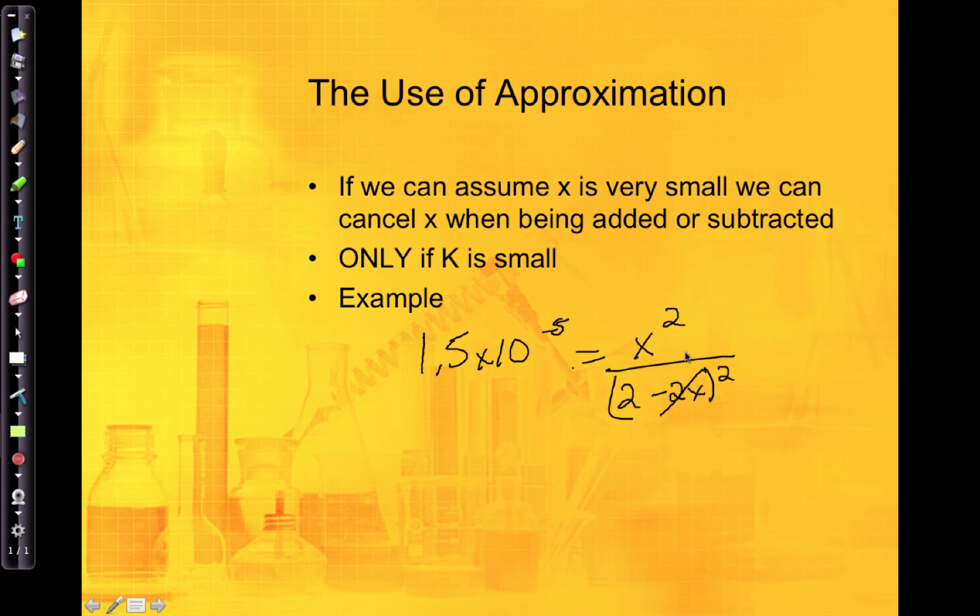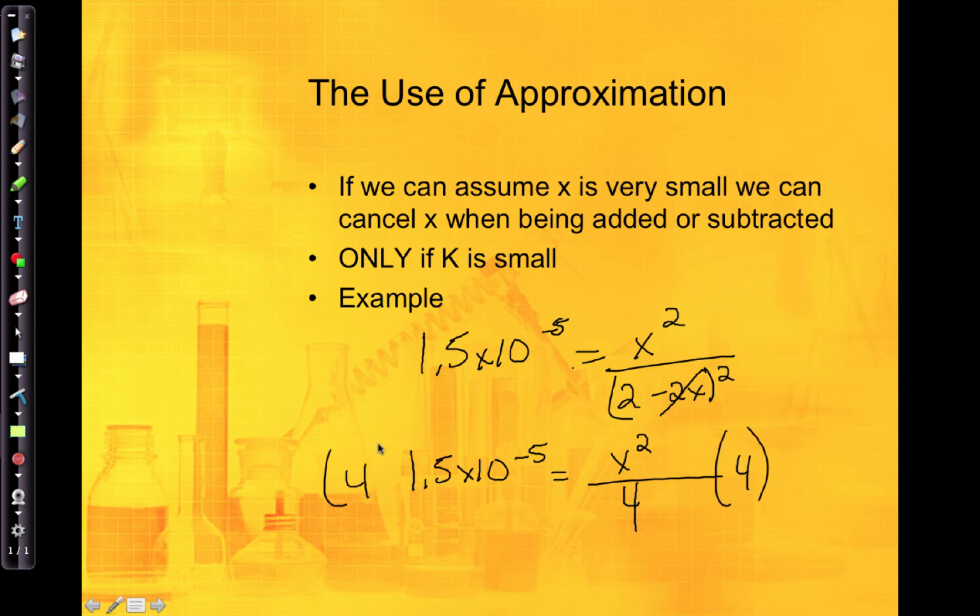If it's being multiplied, you cannot do this. All right, so at this point, it's 1.5 times 10 to the negative fifth is equal to x squared over 2 minus 0 squared. Well, 2 squared would give me 4. Oh, and now it looks so much easier to deal with.